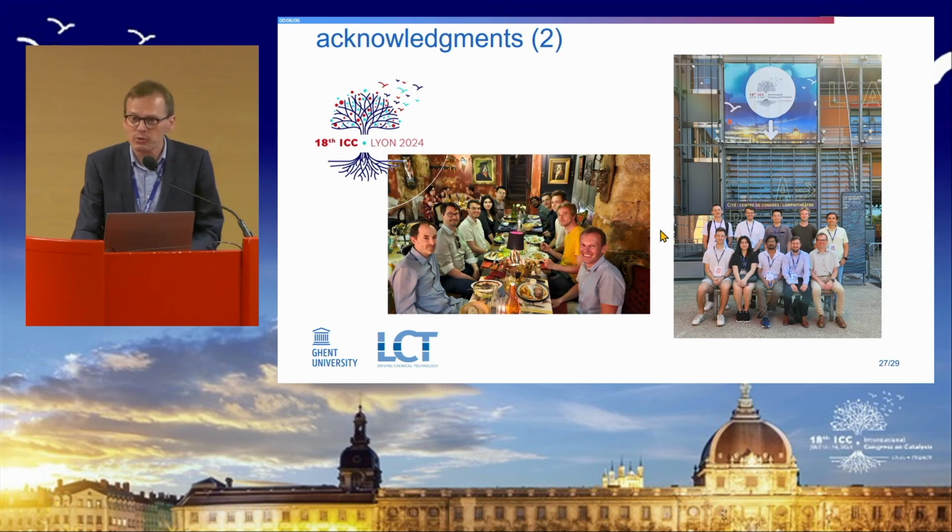Of course, I want to thank once more the organizers for organizing this conference and giving us the opportunity to spend a week in Lyon. And these are two group pictures of the people from the Laboratory for Chemical Technology that are represented here at the conference.